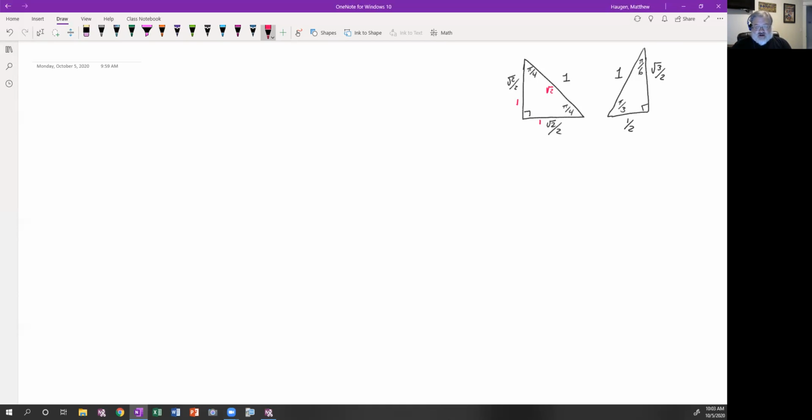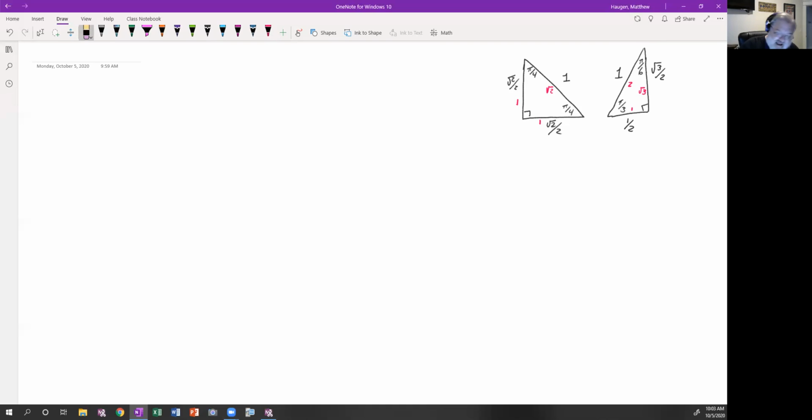It's the same triangle, just with slightly different ratios. For the 30-60 triangle, you can let this length be 2, compute this as 1, and that as the square root of 3. That's just a triangle twice the size, and you get the same ratios.